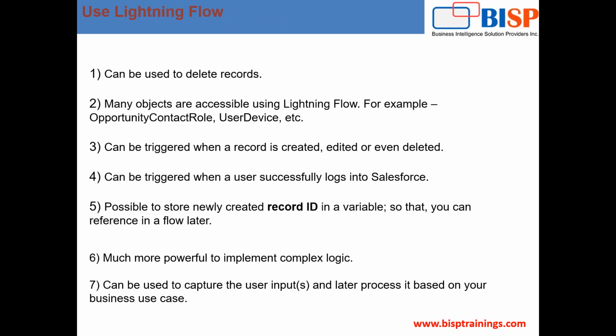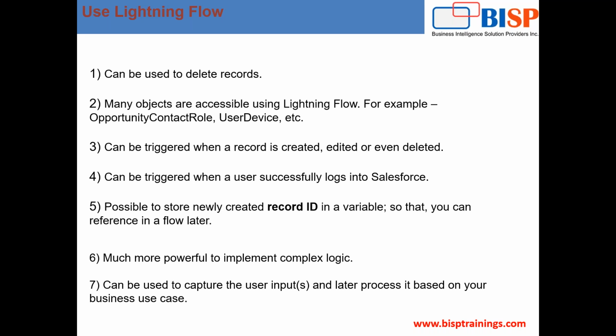It can be used to delete records. Many objects are accessible using Lightning Flow, for example opportunity, contact role, user device, etc. It can be triggered when a record is created, edited, or even deleted. It can be triggered when a user successfully logs into Salesforce.